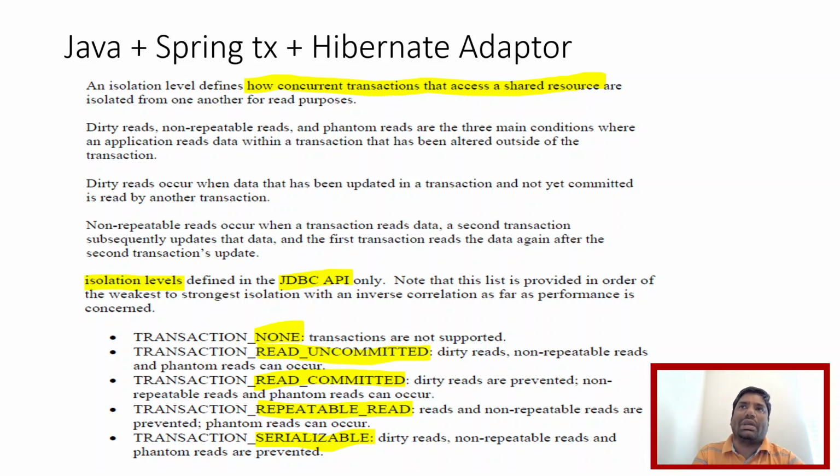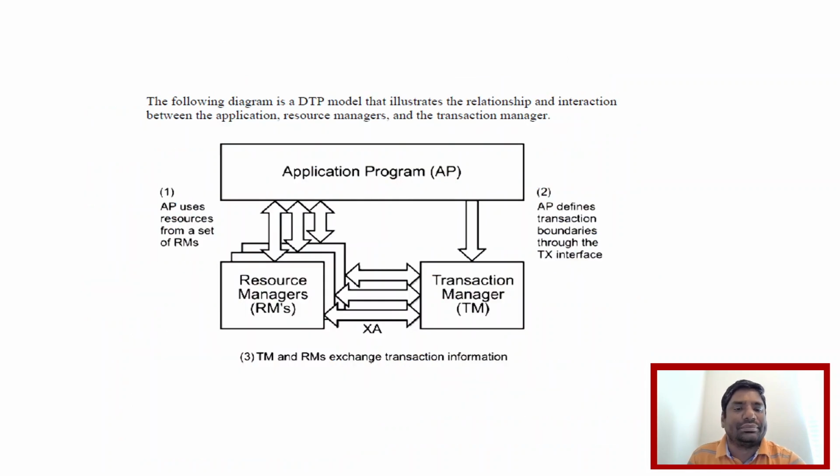If I want to make sure my data is completely consistent across my transactions, I have to apply transaction serializable, which will lock the entire row. I can prevent all three problems of dirty reading of the data. So this is how it has been defined.